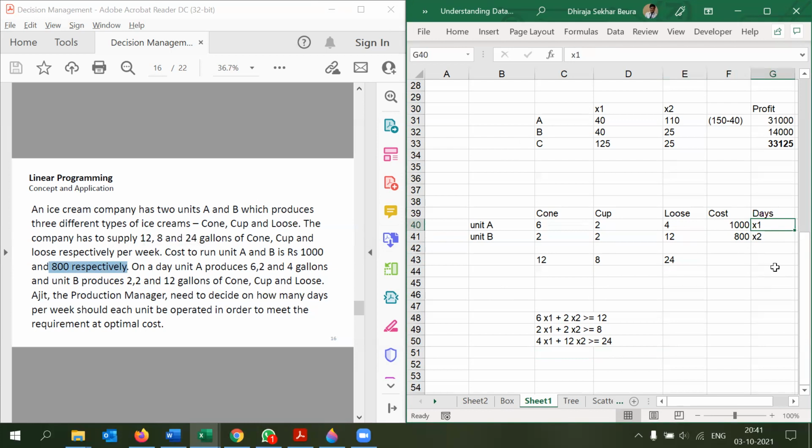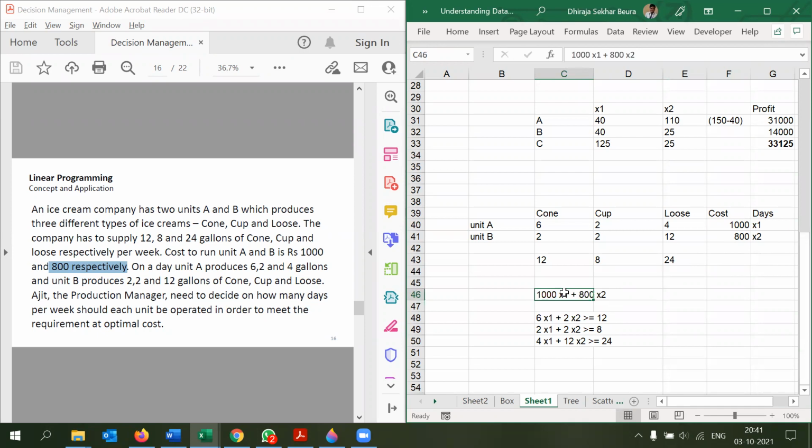How much is the cost that you are incurring for unit A? It should be 1,000 into x1, right? Perfect. 1,000 x1. What is the cost for unit B? Similarly, 800 into x2. Perfect. So 1,000 x1 plus 800 x2 is your total cost.